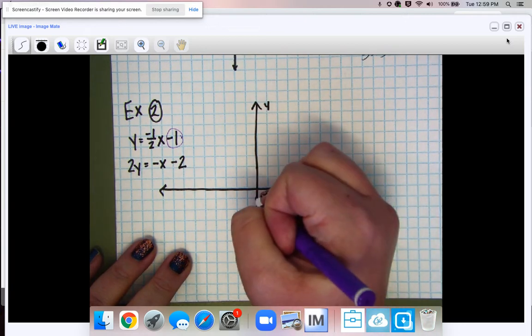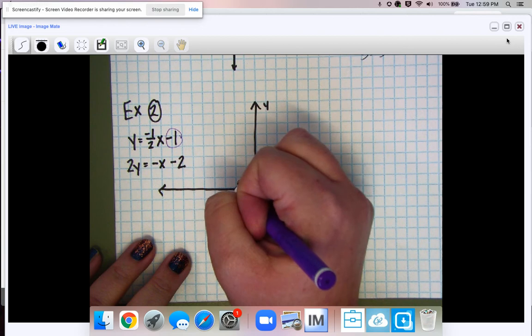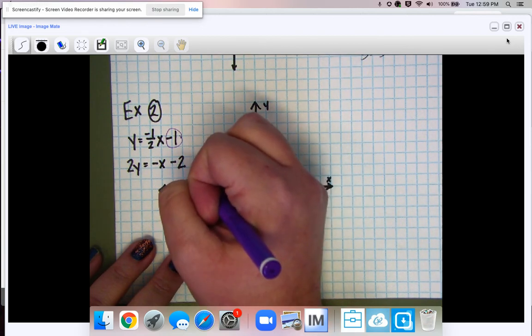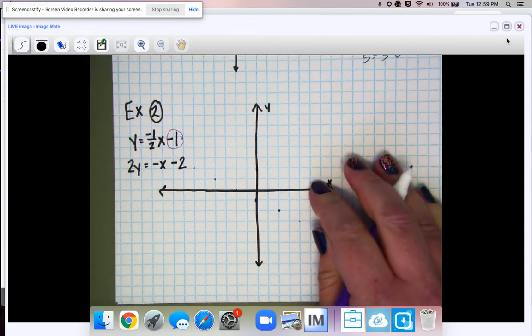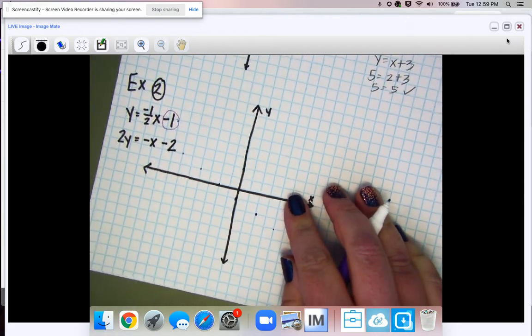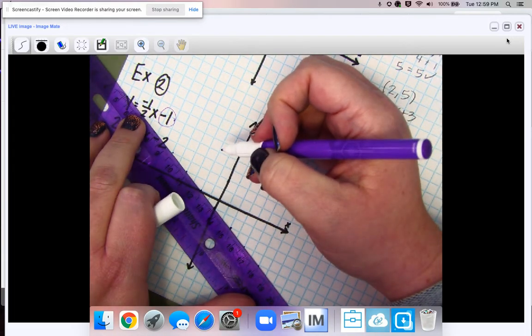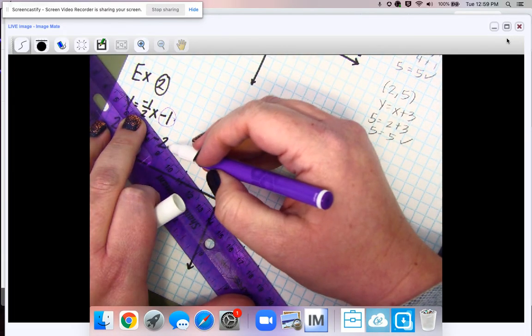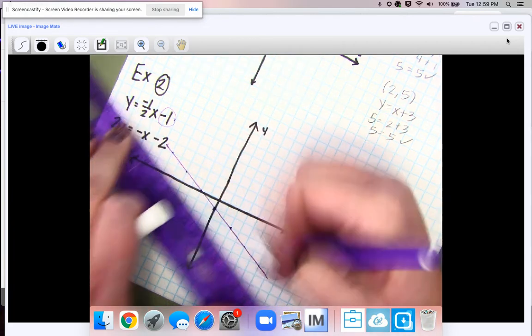And so I'm going to go down 1 over 2 and up 1 over 2. So again, I put several points just to really make sure I line that up well. And I'm going to connect those points. See if I can do a better job this time. That looks better.